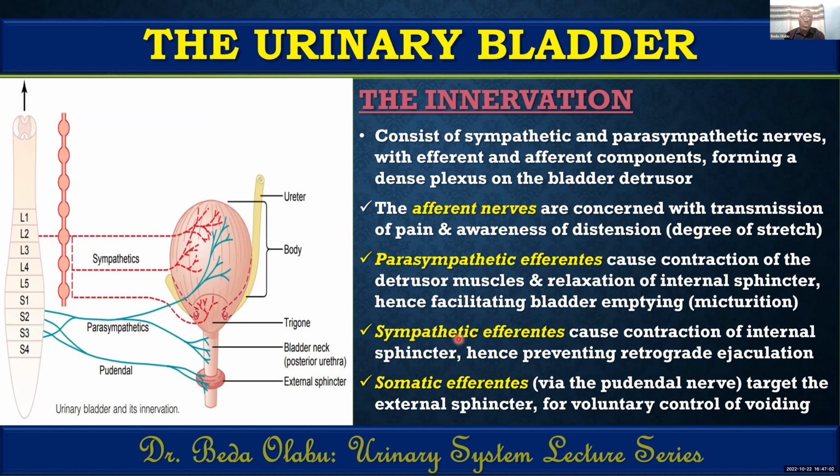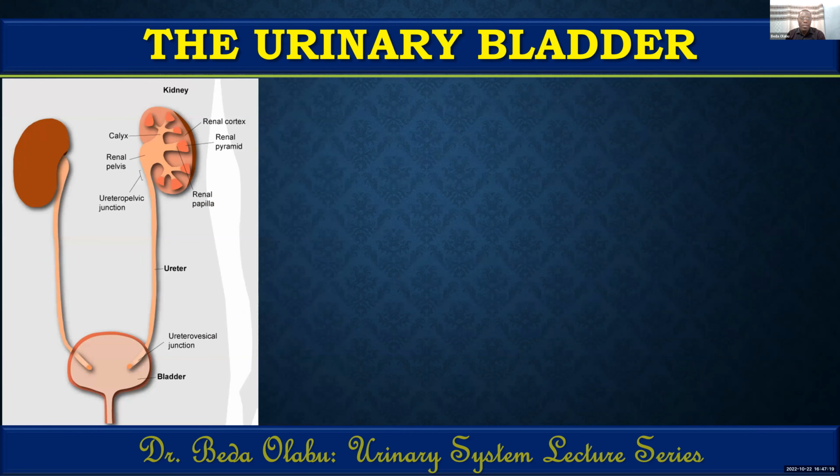This is the one that controls voiding voluntarily. The external urethral sphincter is what is targeted by the somatic efferents carried within the pudendal nerve. That is how the urinary bladder is innervated.